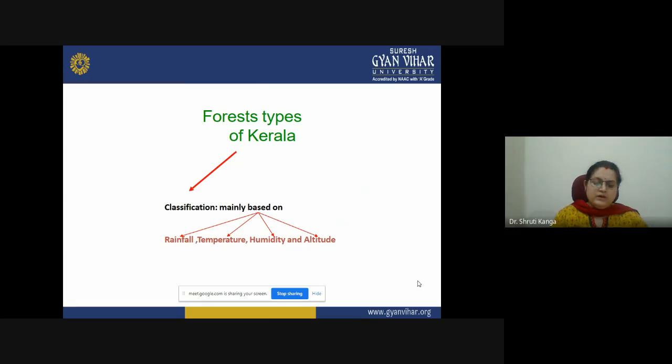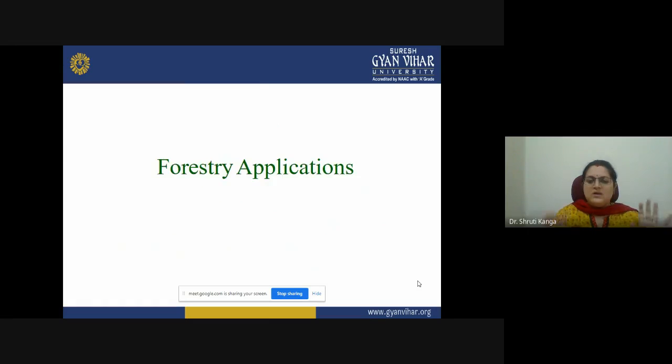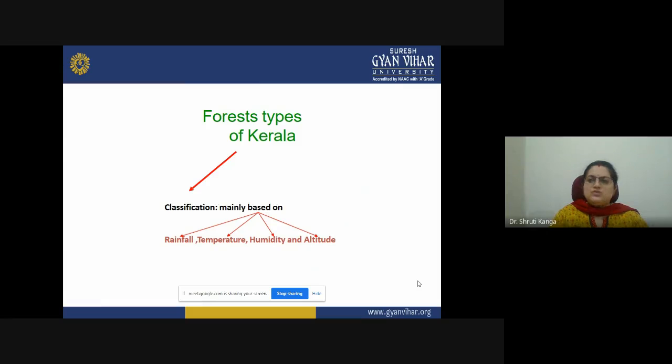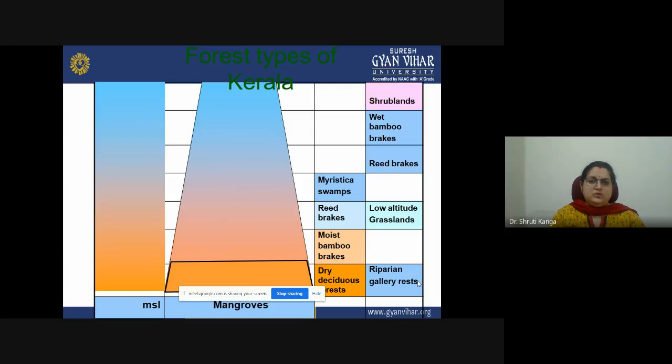Okay, so for forest applications, firstly, in the case study which we are taking up, they have done the classification of forest types in a particular district of Kerala, where the main factors which they have taken for the classification of forest were rainfall, humidity, temperature, and altitude.